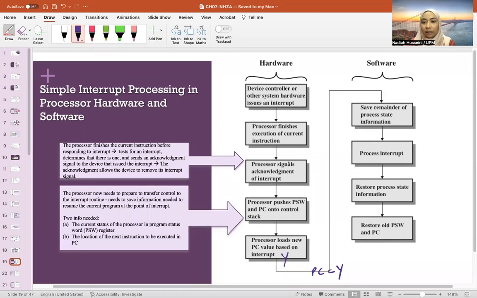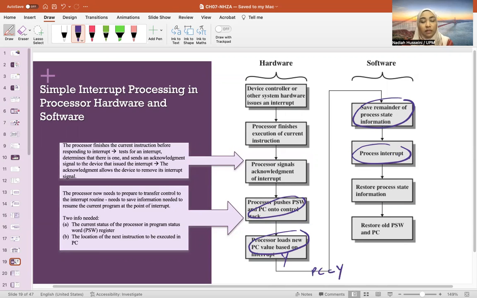And then after that, in the software part, it saves the remainder of the process state information, whatever registers it is currently working with. It will store that somewhere, and then it will continue to process the interrupt. Finally, after it has saved the PSW and PC, loaded the new PC value, and saved the registers it was using before, only then can it go for processing the interrupt.